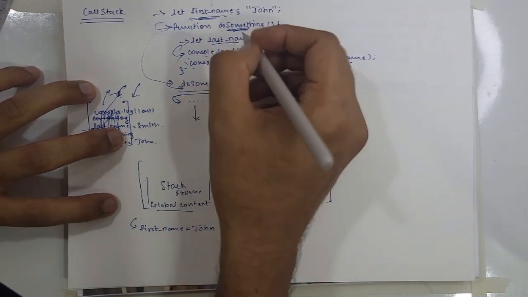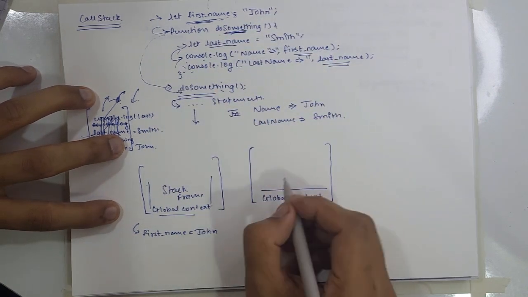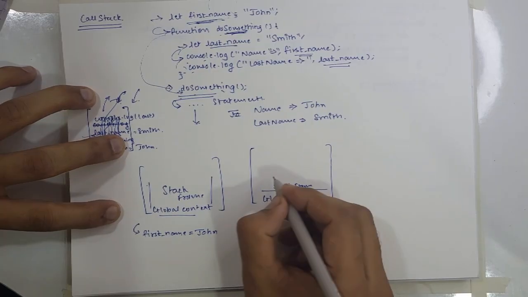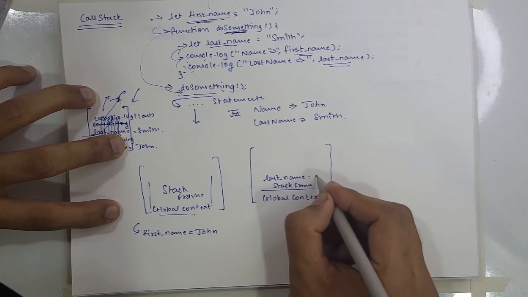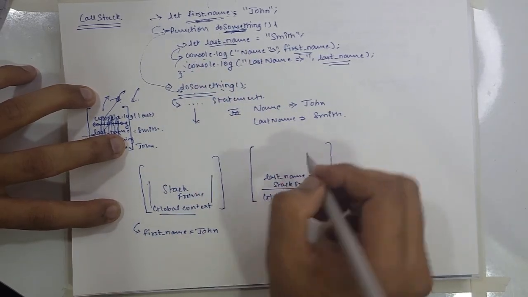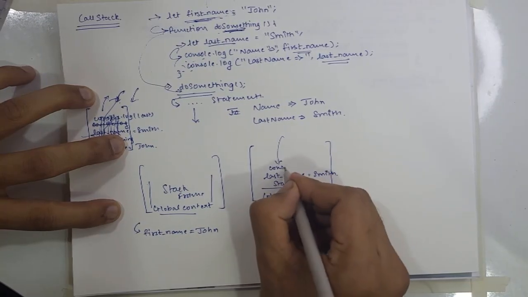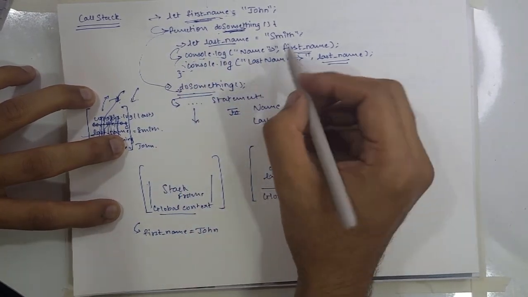Now when I call the do something function, inside this stack frame, last_name will be initialized to Smith, correct? Then there is a console.log statement. A console.log statement will come over here.